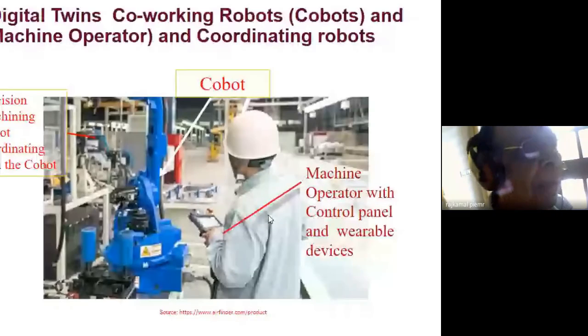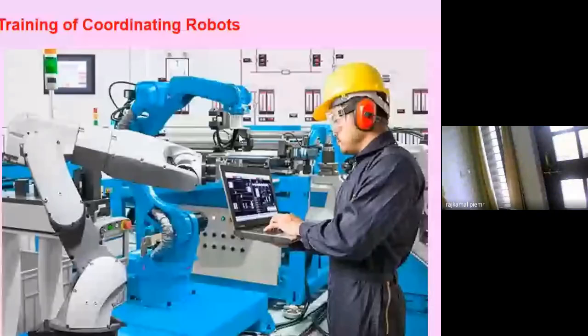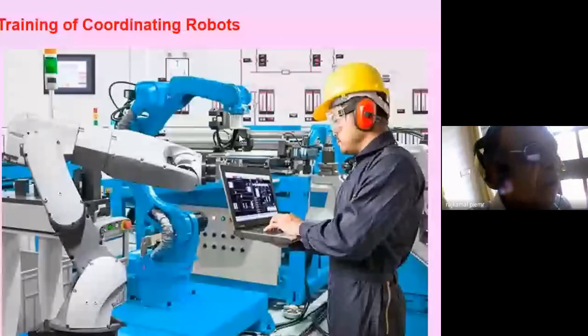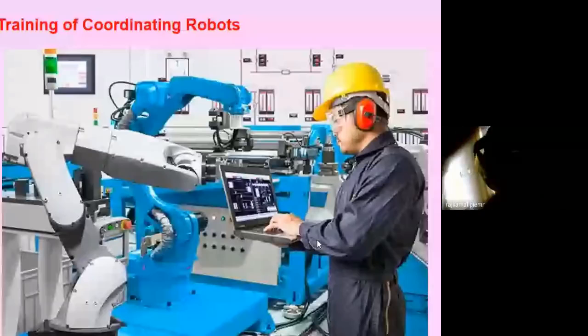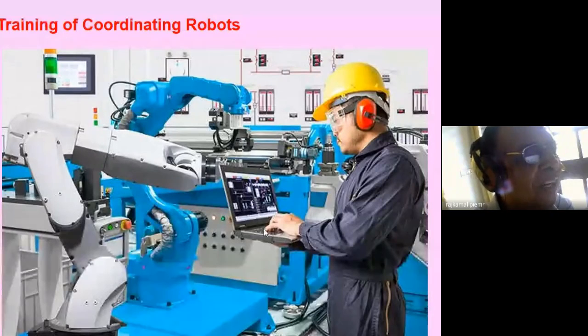Now here I am showing you how the robot is looking at the laptop, and this person is giving the instruction through the laptop, and the robot is visualizing what is on the desktop there.